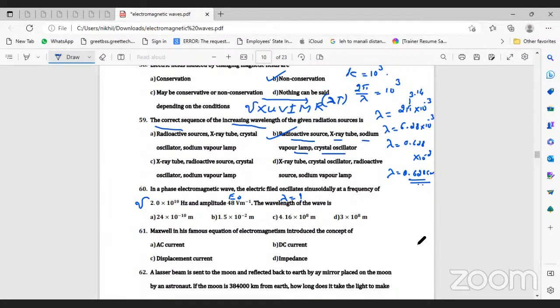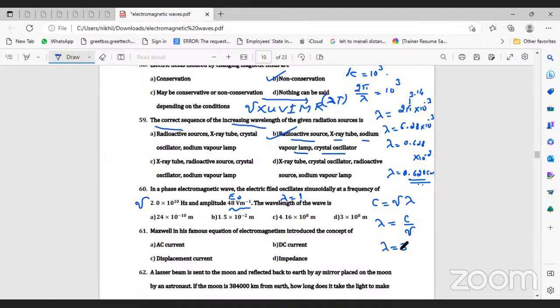You have to find the frequency. Instead of using this amplitude E0, you know that the electromagnetic wave travels with the speed of light, which is given by the formula C is equal to nu lambda. What is lambda from this equation? It is C divided by nu.